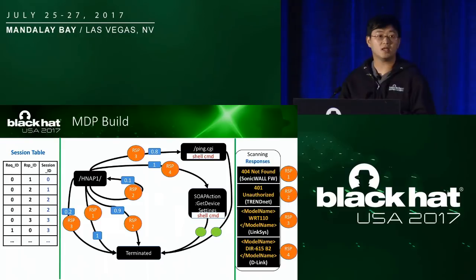The probability is very interesting. We monitor the different interactions, and if we send a given response, there are some probabilities for the transition. For example, from response 3, there is a 0.2 probability you will reach termination, which means the possible attacker won't send any further interaction with us.